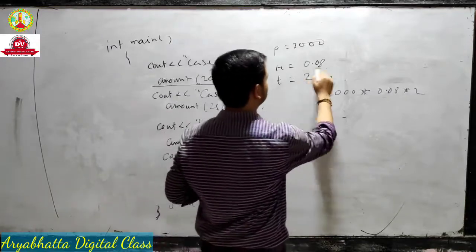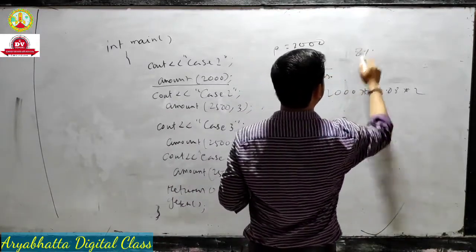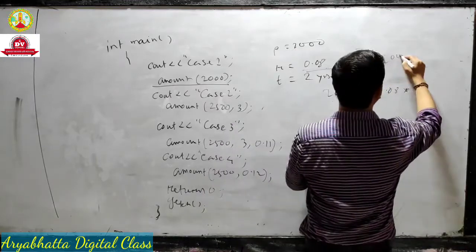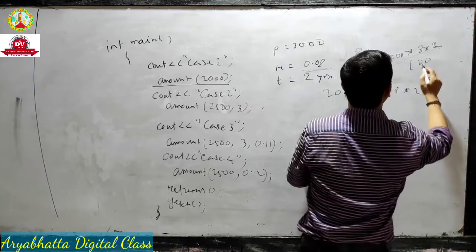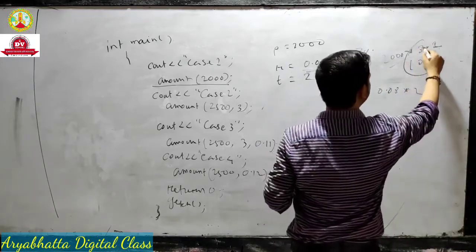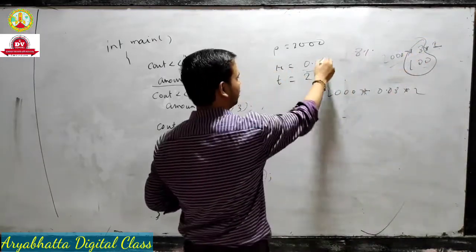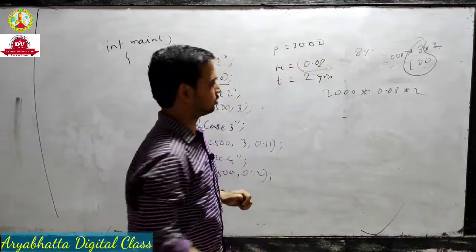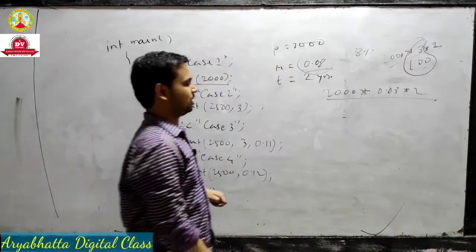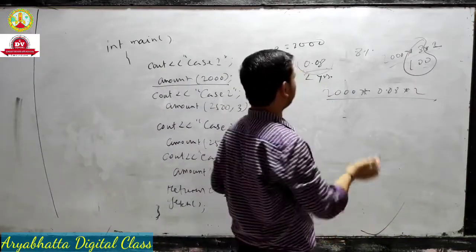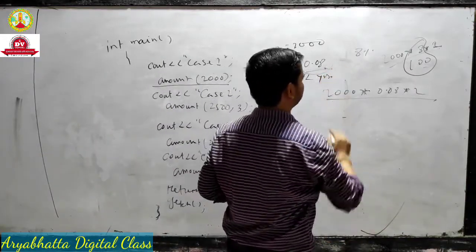Because we already divided it. Actually the percentage is 8, and mathematically this is 2000 into 8 by 2 divided by 100. But here we already used 0.08, so we directly multiply. We no need to divide by 100, because we already divided by 8 by 100.